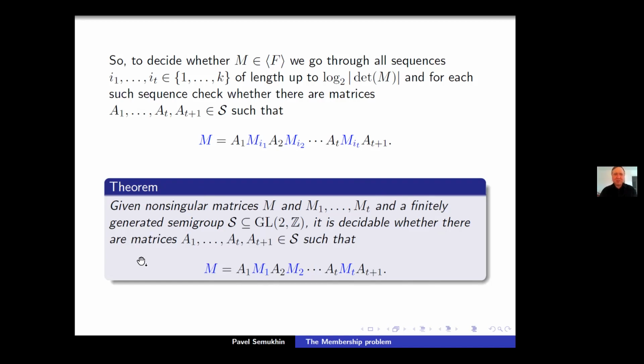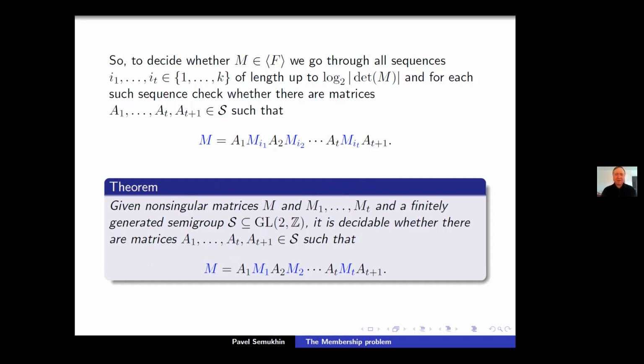What we want to show is that for given non-singular matrices M and M1 to MT, and for a given finitely generated semigroup S from GL2(Z), it is decidable whether there are matrices A1 to AT plus 1 from S such that this equation holds. If we can show this result, then it will imply that the membership problem is decidable.